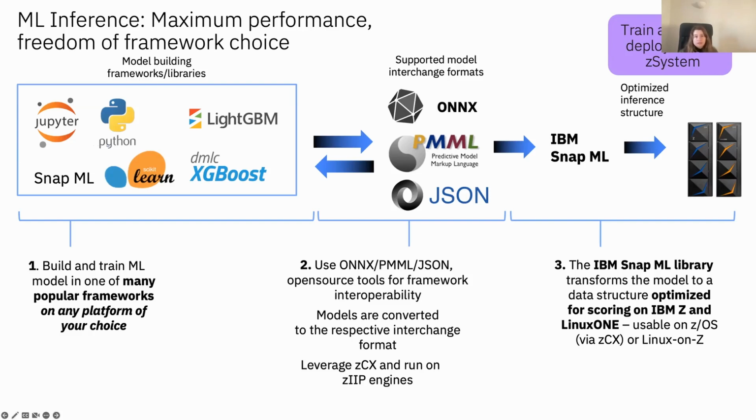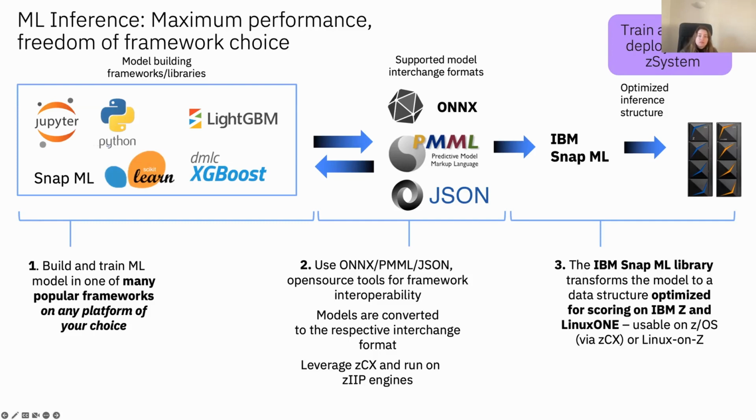That's why here you can see on the left-hand side many popular frameworks that data scientists are using for their ML model training: scikit-learn, LightGBM, Python, Jupyter. But then in the middle of the slide, you can see that we can export the models into one of the interchange formats, such as ONNX, PMML, or JSON.